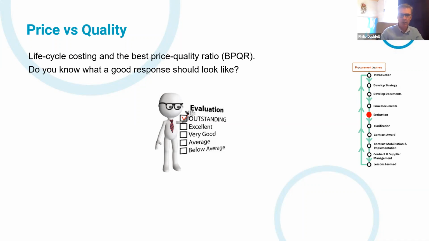Now, how you use price quality weightings obviously varies within the public sector and the education sector to some extent. But at the end of the day, it's good practice that the weightings must reflect the nature and the extent of the risks. Quality tends to include the sustainability issues and the sorts of issues we're talking about.